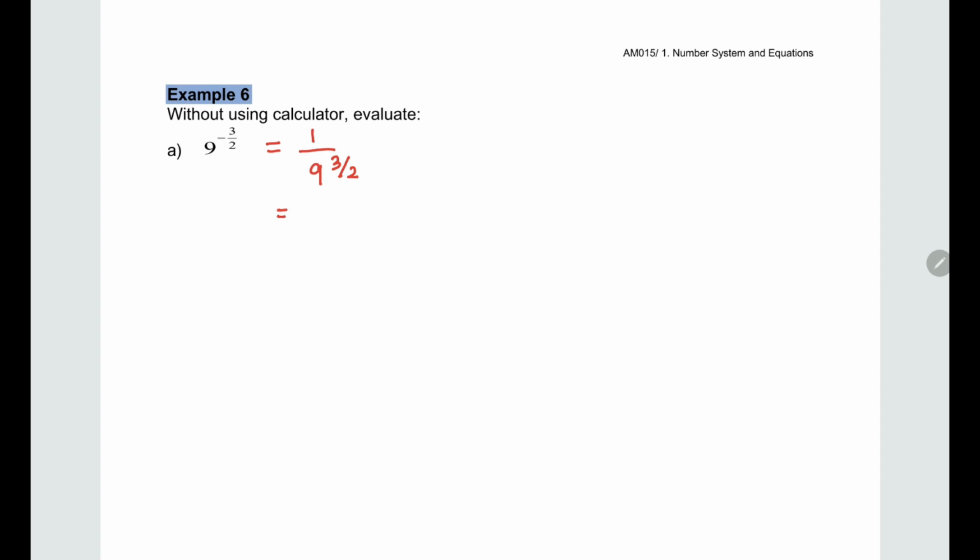We write 9 in its smallest base, so we get 1 over (3^2)^(3/2). Then we simplify, we cancel 2 and 2, so we get 1 over 3 cubed. And the final answer is 1 over 27.